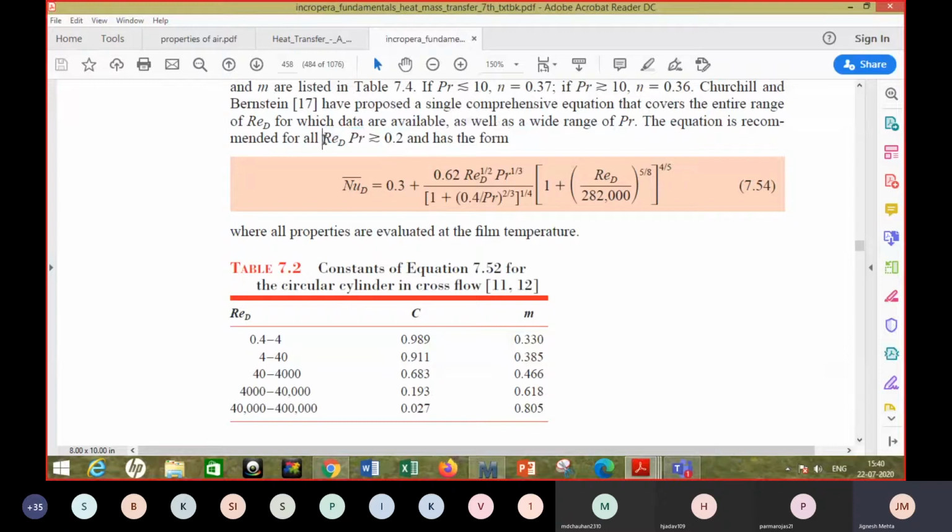The only condition is that Reynolds number times Prandtl number should be greater than 0.2. We are going to solve an example here where we will be using this Churchill-Bernstein correlation. For the earlier correlation, your C and m values depend upon the Reynolds number, and for different ranges of Reynolds number, different values of C and m are to be used.